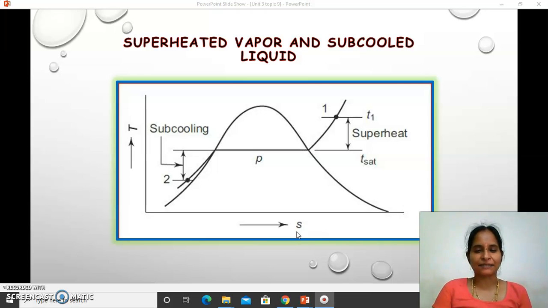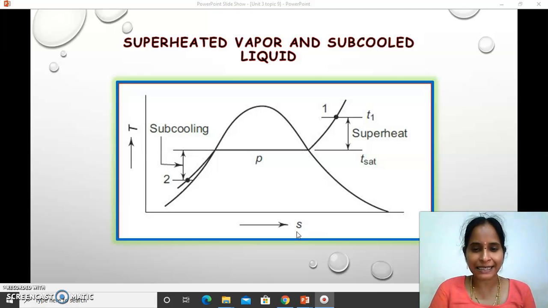First, let me revise the superheated vapor and subcooled liquid which was discussed in the last video itself. Now here you can see the saturated liquid line, left side, and the right side of the dome is enveloped by saturated vapor.